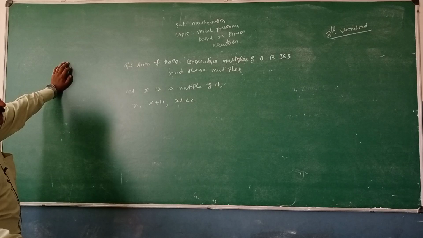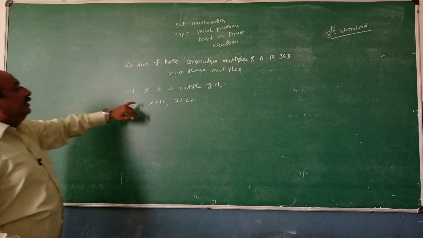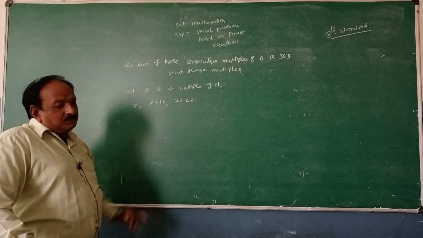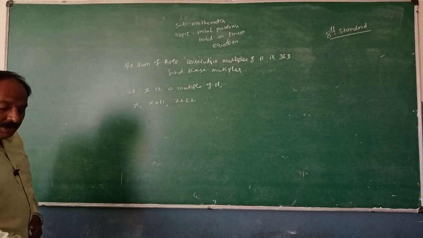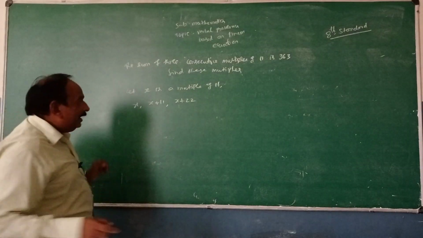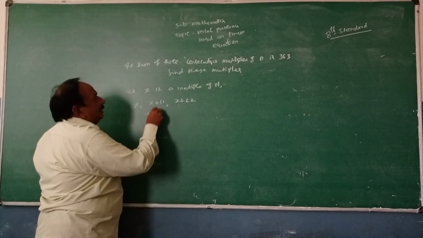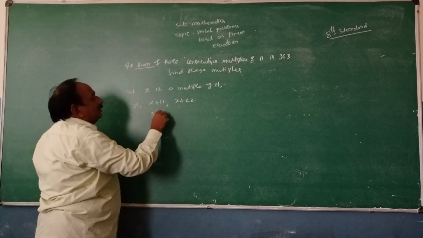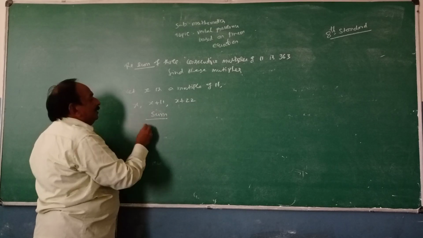Find these multiples. Let x be the multiple of 11, so it means to say x plus 11 and x plus 22. And when we add up these multiples, what do we get? The sum means add up the multiples.